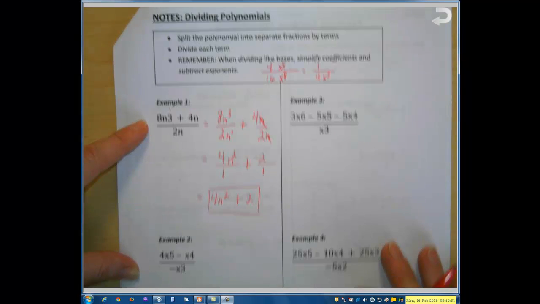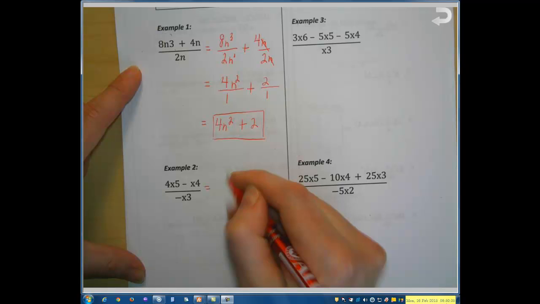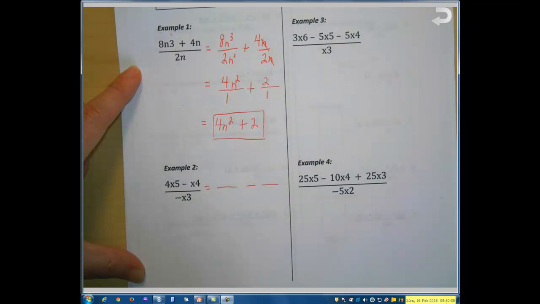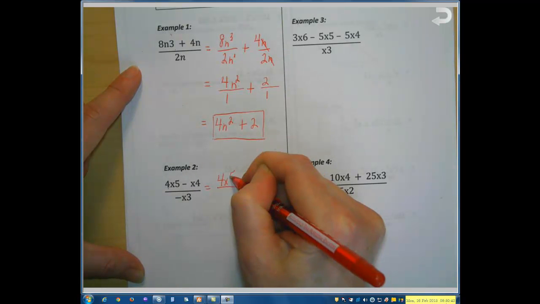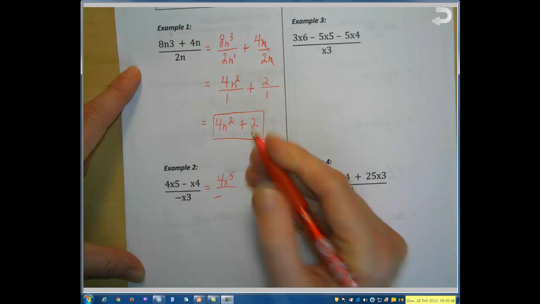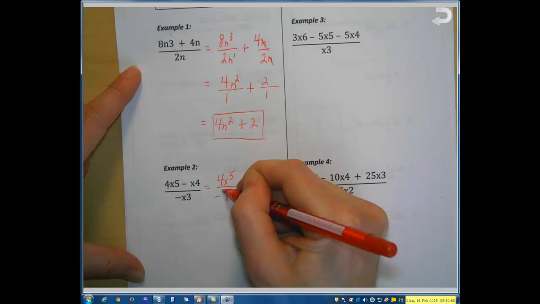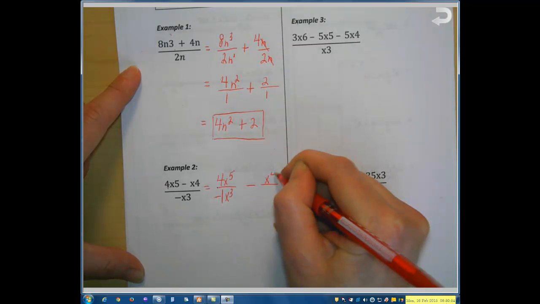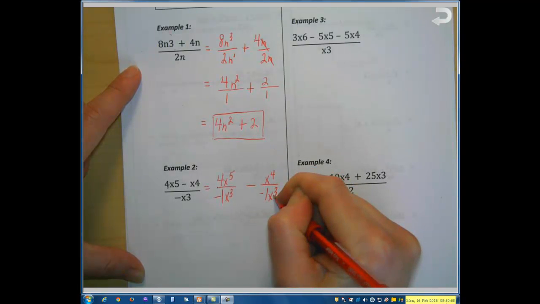Okay, let's go down to example 2. First step, split our binomial into two different fractions. So 4x to the fifth over negative x to the third, and I'll just call this negative 1x to the third, and x to the fourth over negative 1x to the third.